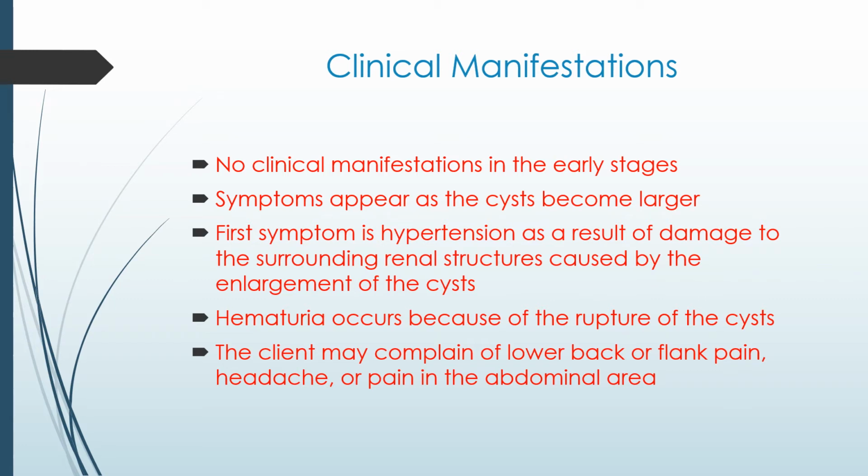The first symptom that your client will notice or will be diagnosed with is hypertension. This hypertension is a result of damage to the surrounding renal structures caused by the enlargement of the cysts. So again, if your client is unaware, they're going to think that they're just having hypertension because their blood pressure is up. Maybe they're also a diabetic.